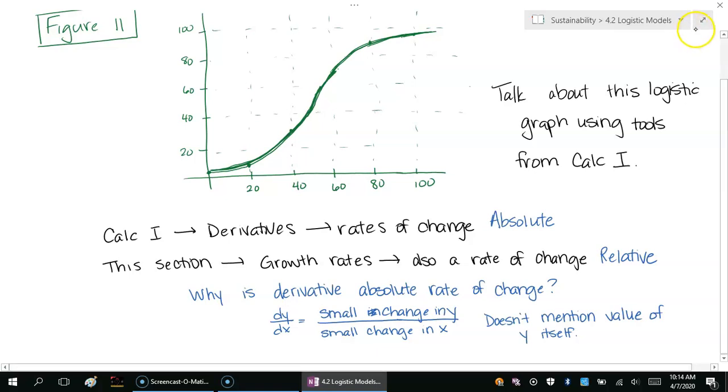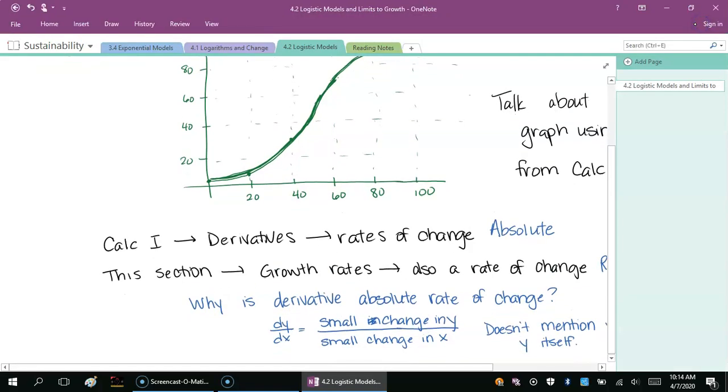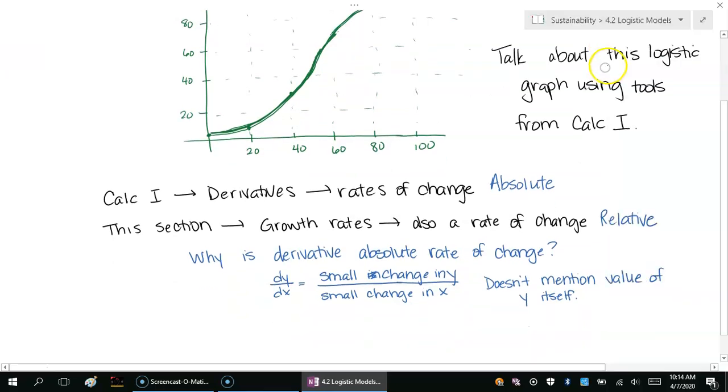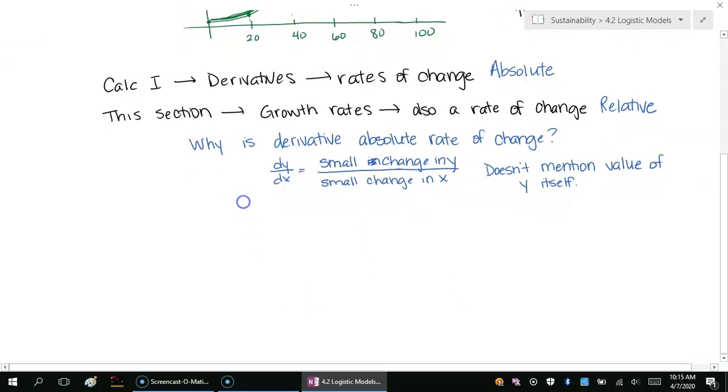Okay, so hopefully we all accept that the derivative is an absolute rate of change, not a relative one, because I'm not taking into account particular y values. And that means that if I want to make a comparison between derivatives and growth rates, I have to be careful. Because they're not actually measuring the same thing.